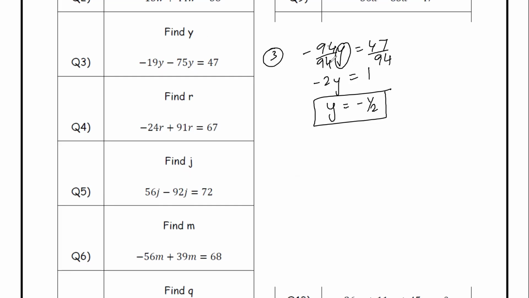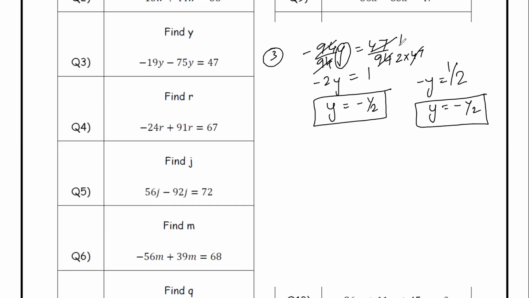I know this is a multiple of 2 because it's an even number, and 2 times 47 is 94. So what I'm left with is negative y is equal to 2. Therefore, negative y is equal to half, therefore y is equal to negative half.